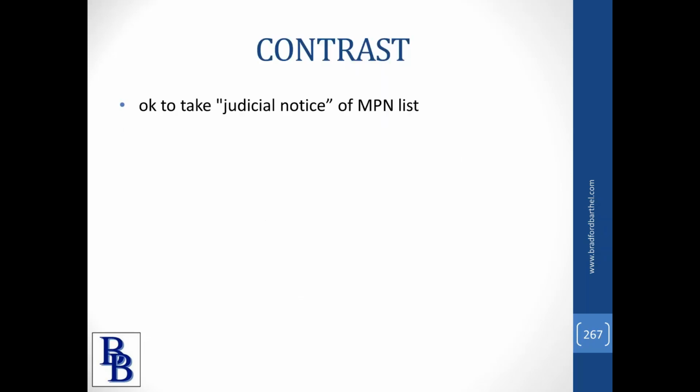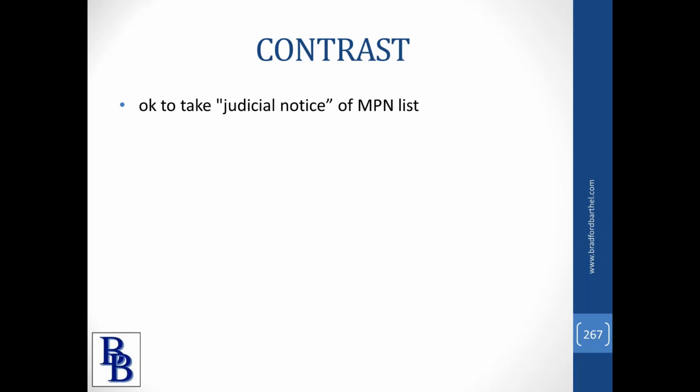Contrast that to the judge taking judicial notice of things. We talked about judicial notice I think the last time we talked about trial time subjects. Judicial notice requires no evidence. The judge will take notice of something even if the parties don't offer evidence of that fact.